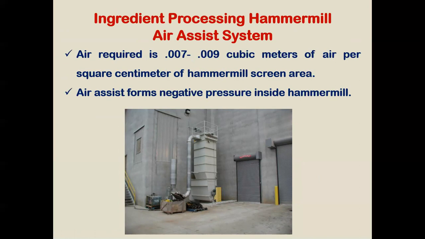This air assist system causes negative pressure inside the hammer mill. By that way we can increase the efficiency of the particular hammer mill by 10 to 15%, and it will grind more by application of this air assist system. And this is the photograph we can see here. In that photograph, this system is available.